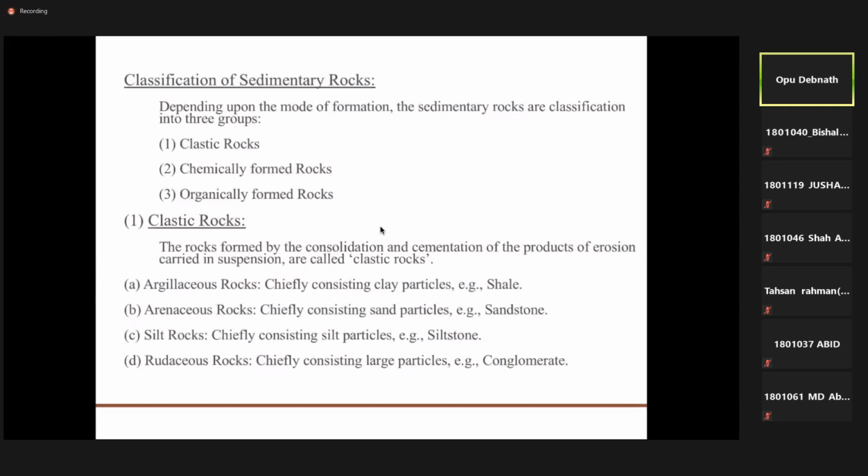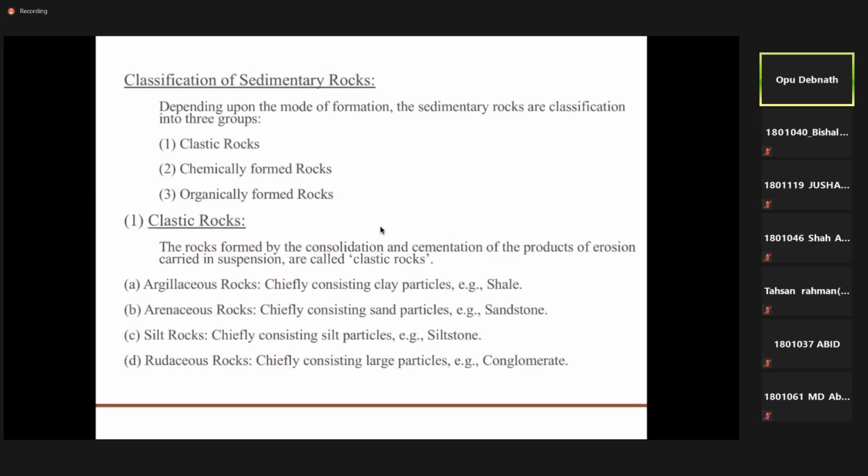So the main constituent of the first one is the shale. That means clay particles. As we discussed in last class, the riverbed or other valleys of the hill mainly carry clay, silt, sand particles, and then they are deposited in a certain portion, and thereafter with some geological processes and changes, they go for the cementation and consolidation, which forms a type of sedimentary rock.